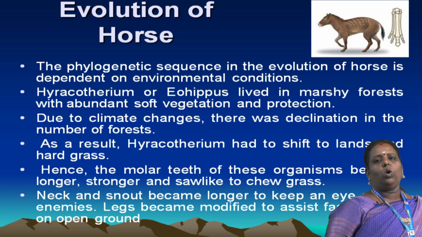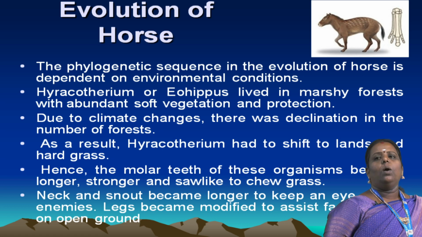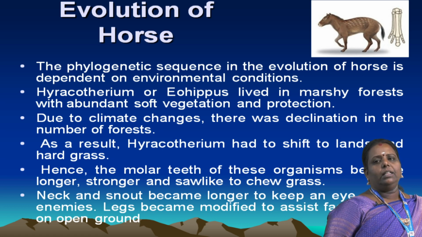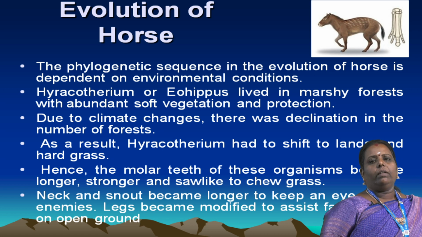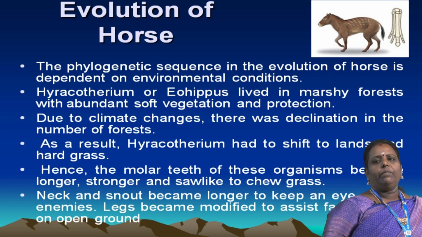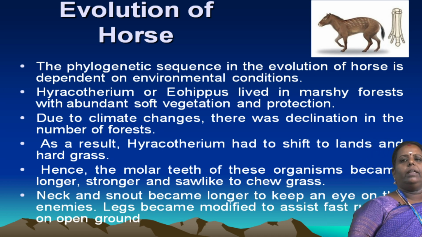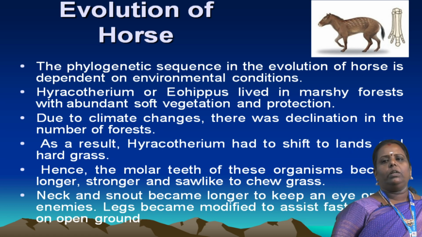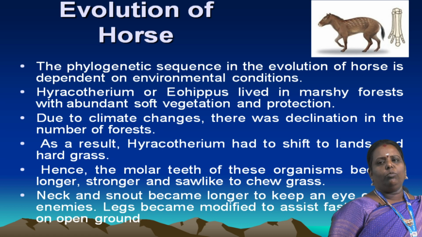This is one of the horse species living in the marshy forest. Due to climatic change, the number of forests declined. As a result, the Hyracotherium species of horse shifted to land and hard grasses. They were already living in the marshy forest, but with climatic change they shifted to normal land with hard grasses.